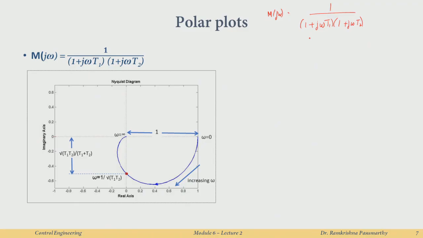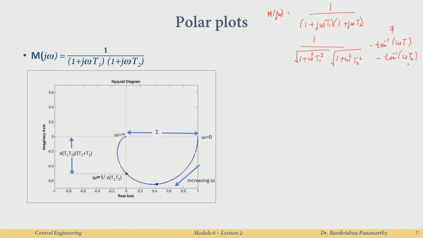This guy has a magnitude that is just the magnitude of this times the magnitude of this. So this is 1 over the square root of 1 plus omega square t1 square, times the square root of 1 plus omega square t2 square. The angle phi is minus tan inverse of omega t1 minus tan inverse of omega t2.